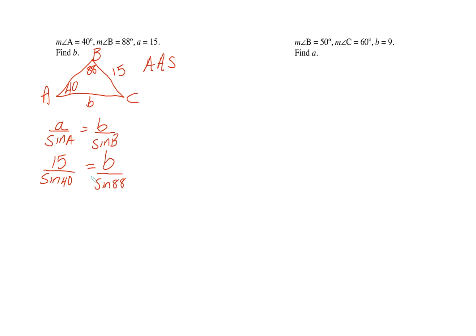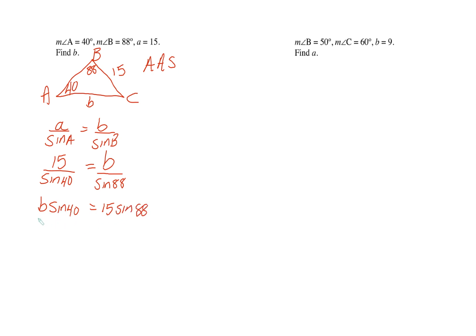Notice this looks like a proportion. Remedial stuff always comes back to haunt you. You never get away from it. In order to solve a proportion, we're going to cross multiply. So I'm going to have b sine 40 equals 15 sine 88.